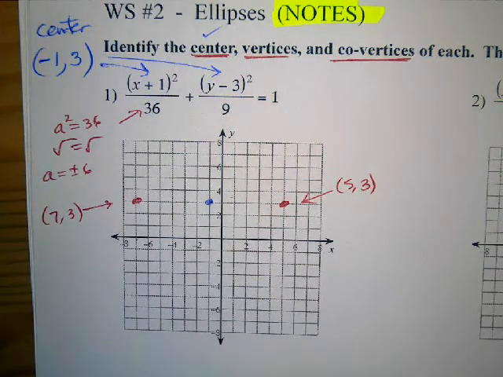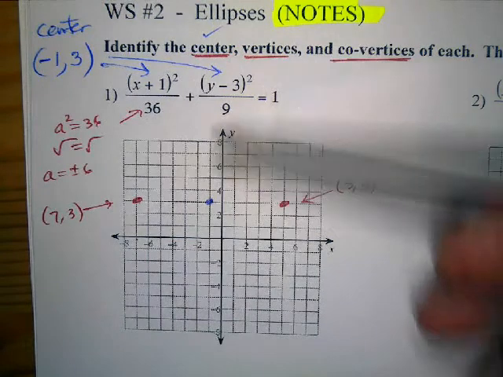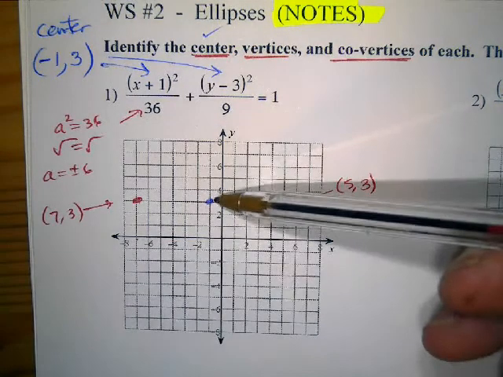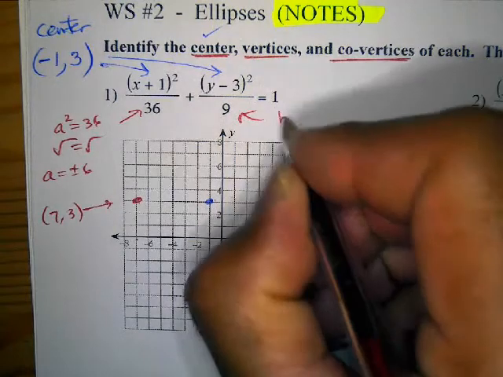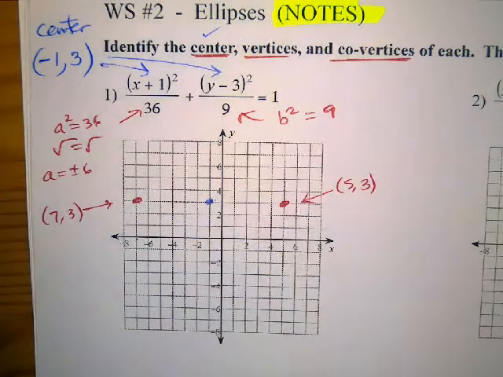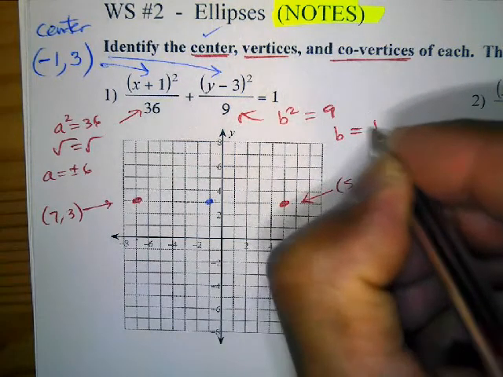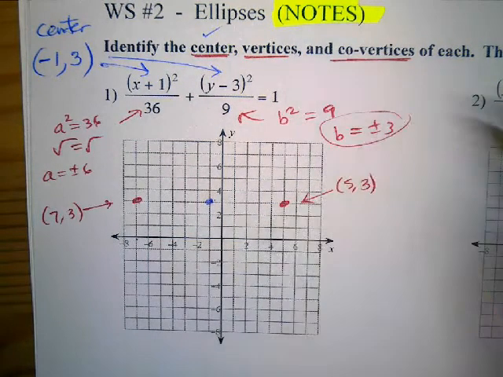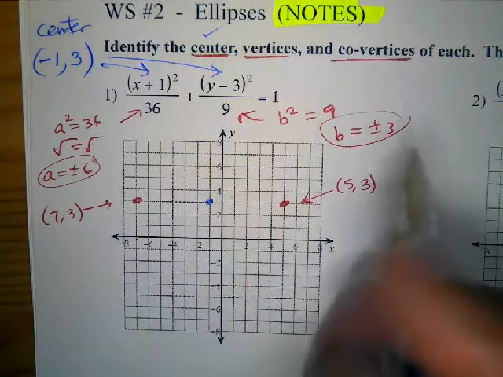Now for the y, which controls how much you have to count up and down from the center, it's 9. But you're not going to go 9, right? Because that's b squared. B squared is 9, so when I take the square root, you get b is equal to ±3. That's how much you got to go. Remember this one we went ±6.